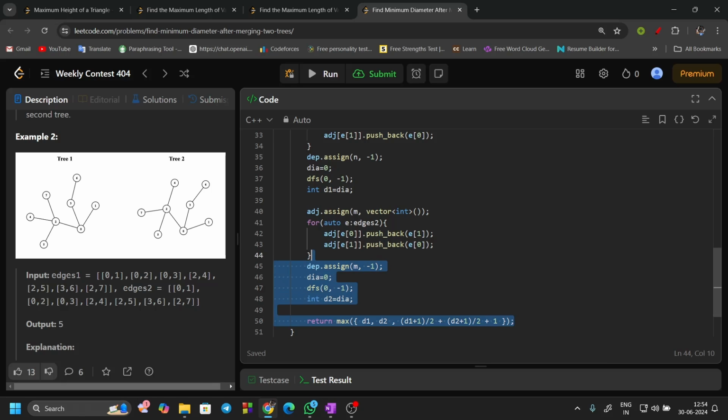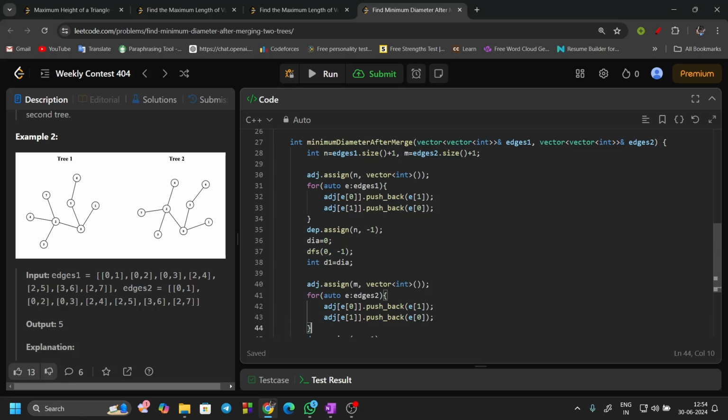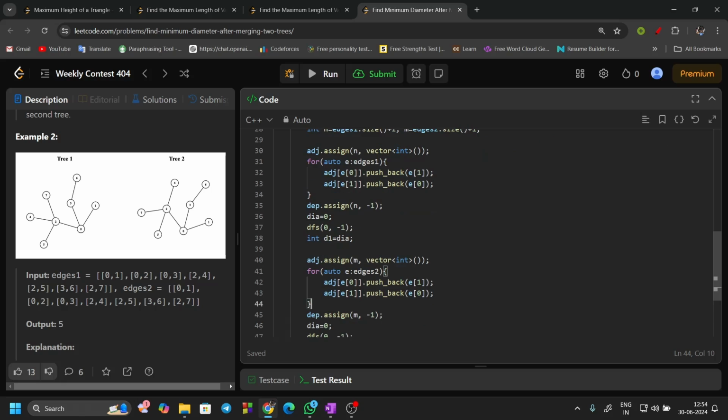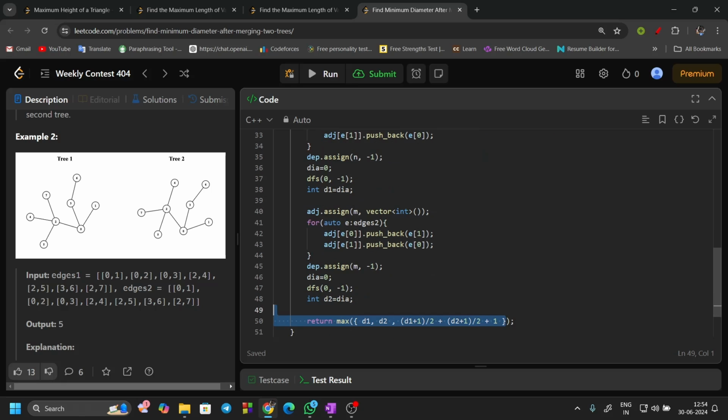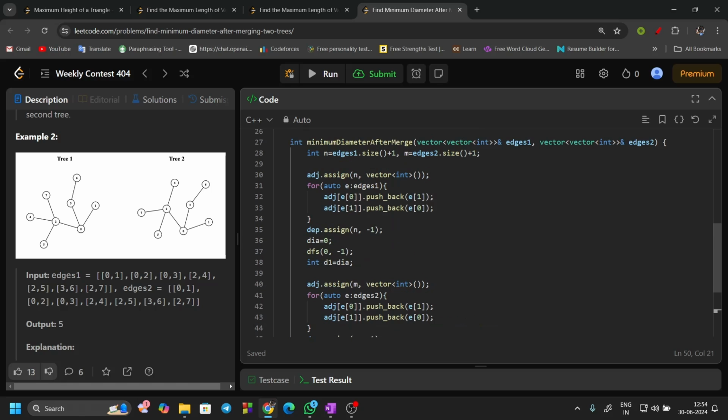But if you want to read about the DFS rerouting code, I'll attach that in the description. You can refer to that. But this is a simpler way to solve this problem. If you wish to take a look at the slightly more complex rerouting technique, I'll attach the second code in the description.